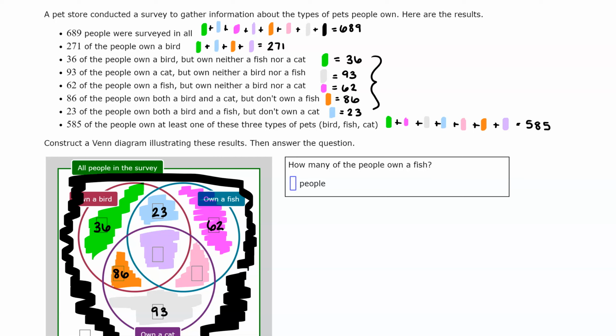So let's see, all the greens are 36. All the grays are 93. All of the dark pinks are 62. All of the oranges are 86.